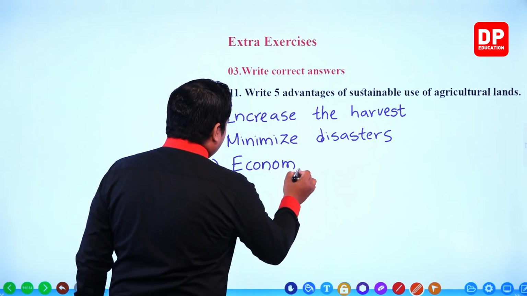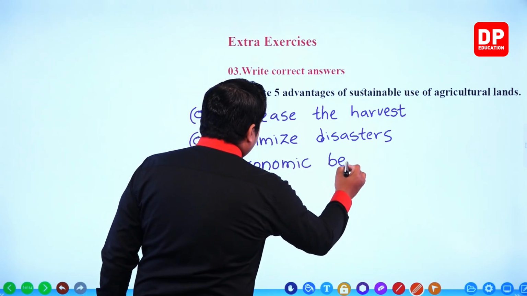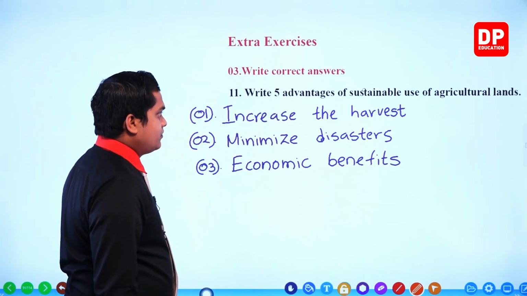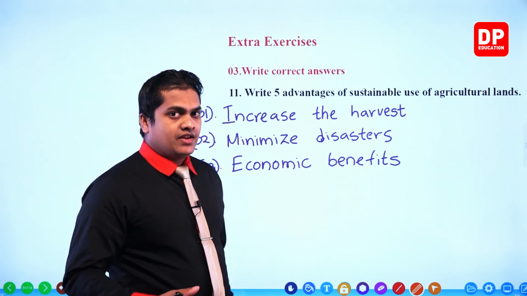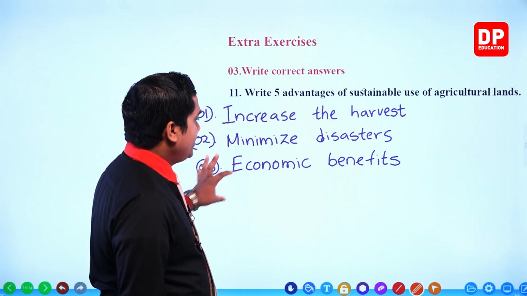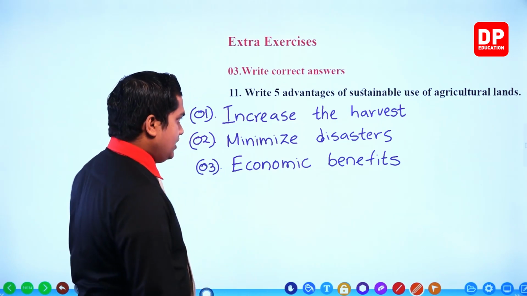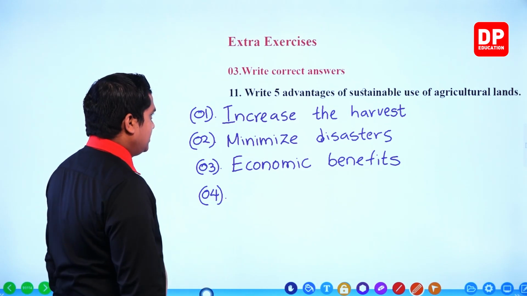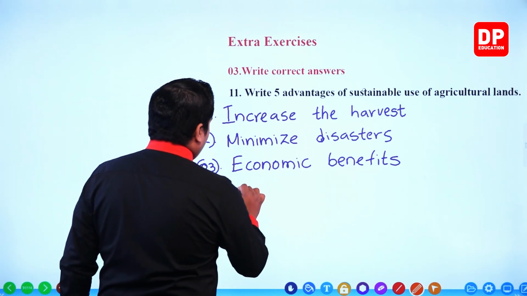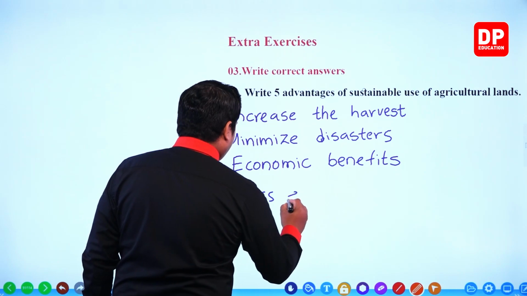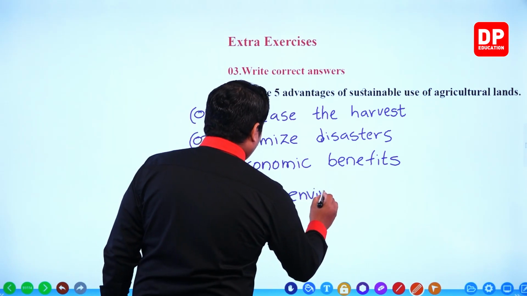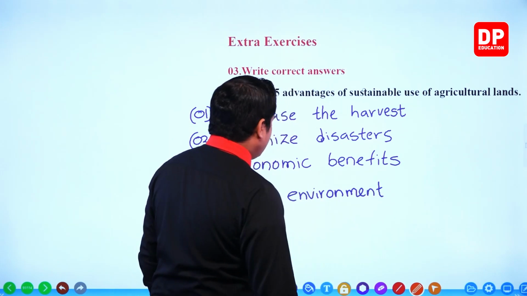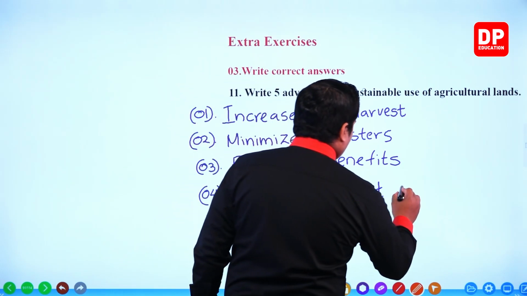Number 3, economic benefits. Because when increasing the harvest, you can sell it for more people. That means we can get economic benefits. Okay. Next one, less environment pollution.